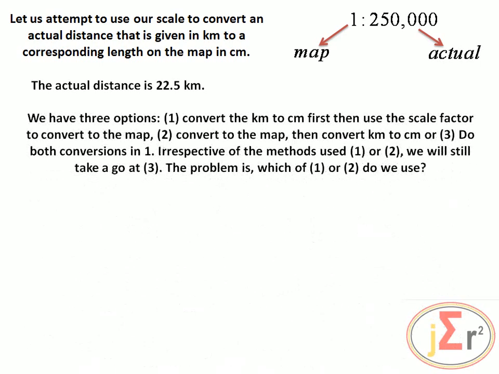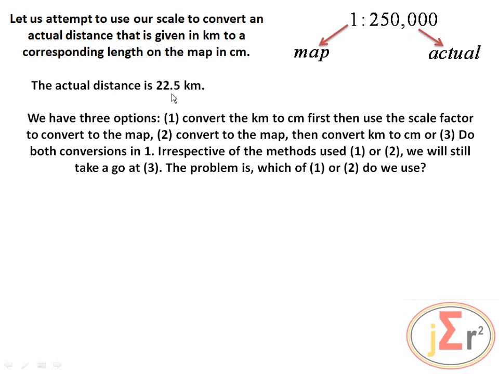We have three options. What are the three options? One: convert the kilometers to centimeters first, then use the scale factor to convert to the map. What does that mean? That means we have the choice of converting this to centimeters, because we will eventually have to get there, since we will be converting to centimeters on the map.